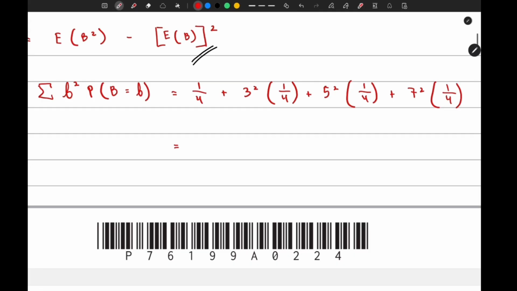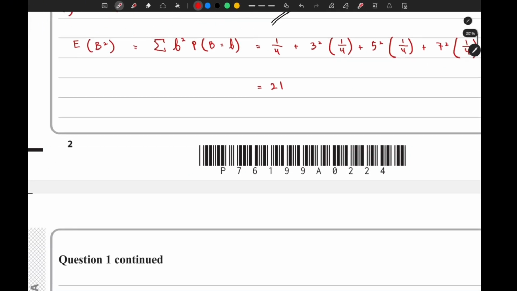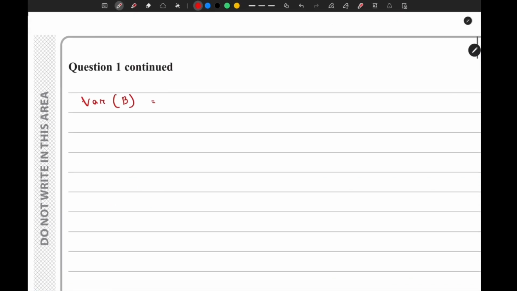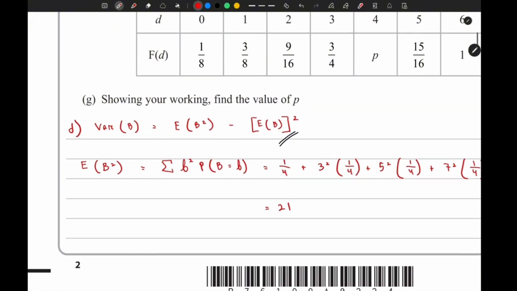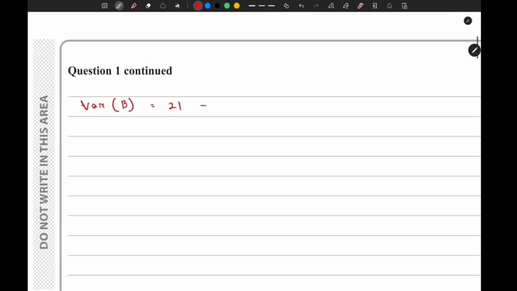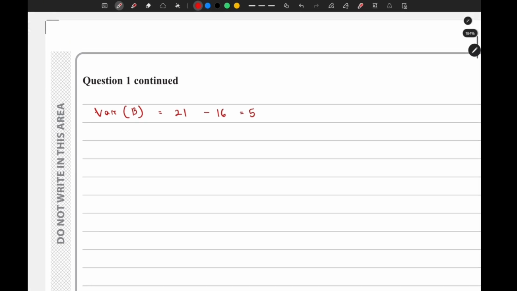So this will give us a value of 21. Now if we apply the formula, the variance of B equals E(B squared), which is 21, minus the mean squared. The value of the mean is 4, so this will be minus 4 squared, which is 16. So this is equal to 5.